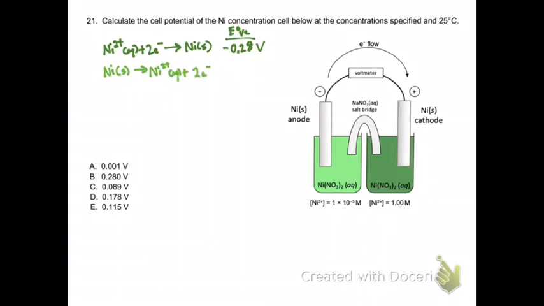That's going to have a standard potential of positive 0.28 volts. So if we add these two together, we'll get the standard voltage of the cell, which is an impressive, quote unquote, E standard of the cell equal to 0 volts.